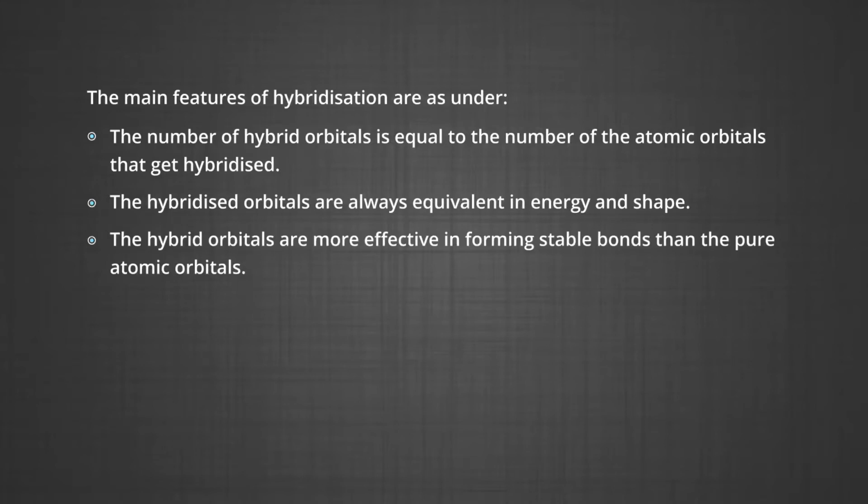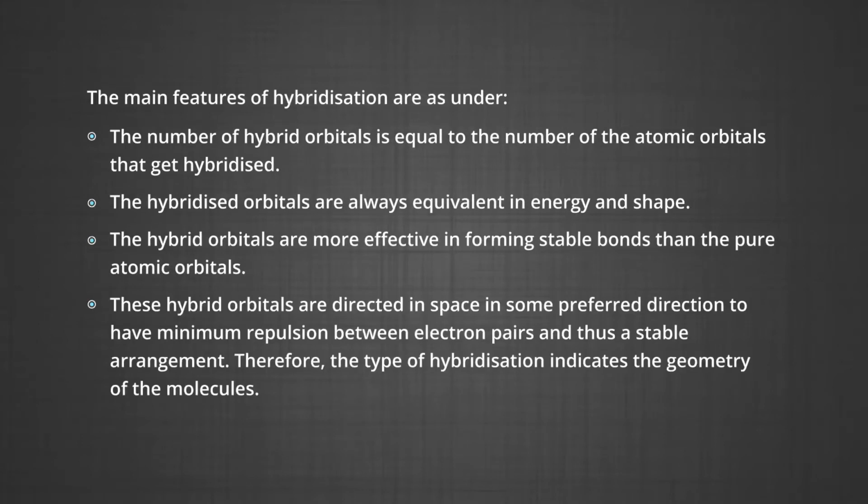The next is, the hybrid orbitals are more effective in forming stable bonds than the pure atomic orbitals. These hybrid orbitals are directed in space in some preferred direction to have minimum repulsion between the electron pairs and thus a stable arrangement. Therefore, the type of hybridization indicates the geometry of the molecules.